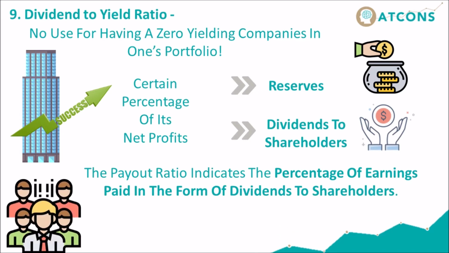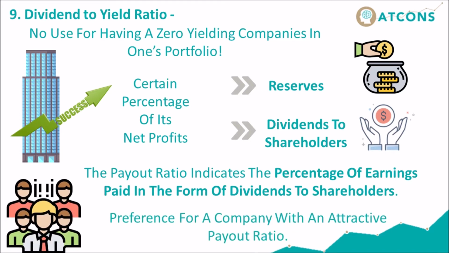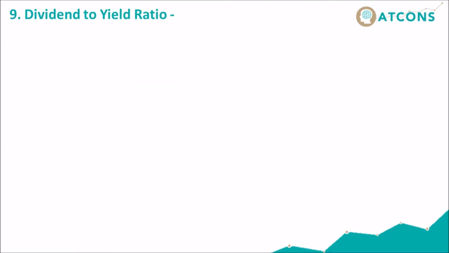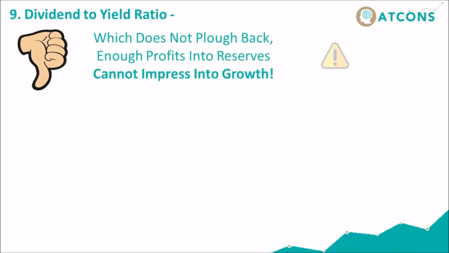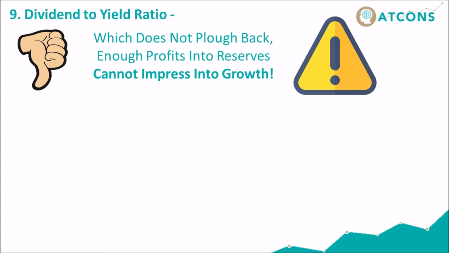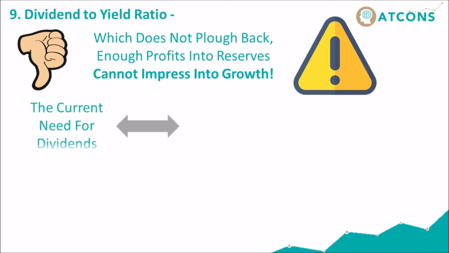Many investors show a marked preference for a company with an attractive payout ratio. On the other hand, a company which does not plow back enough profits into reserves cannot invest in growth. A proper balance should be struck between the current need for dividends and the future need of funds for growth.